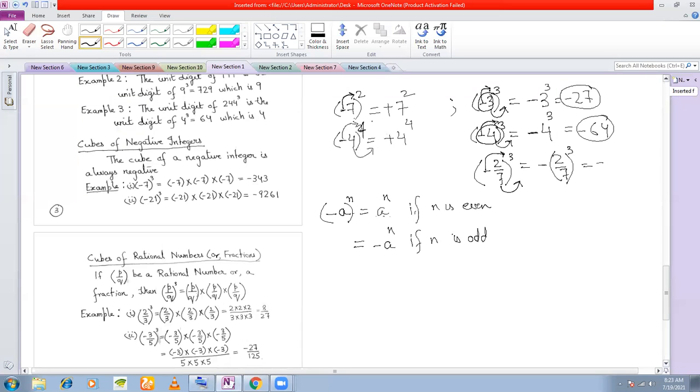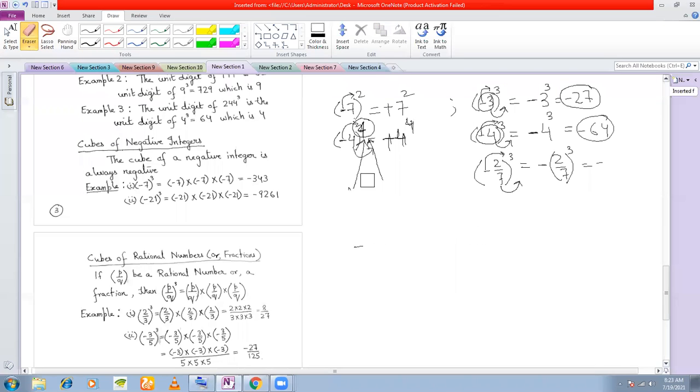So now if you compare this, what is n here? 4. Even, right? So that means you can remove the minus sign to get a plus sign. Now you understood? Yes, sir. Thank you, sir.